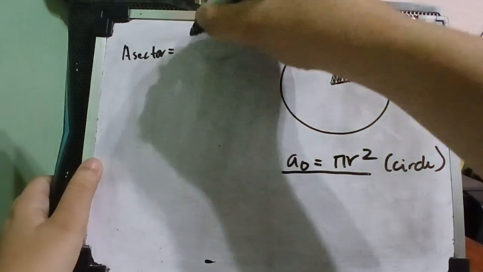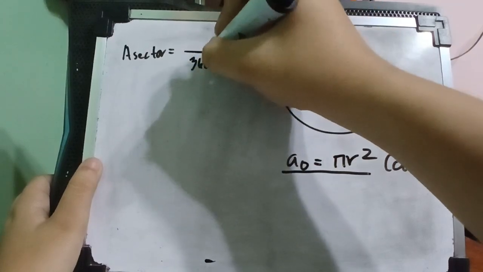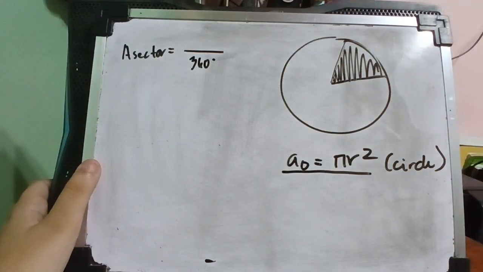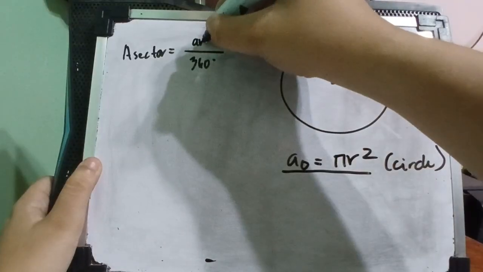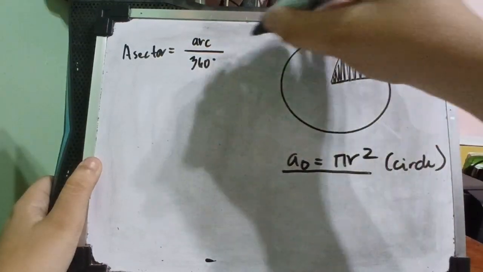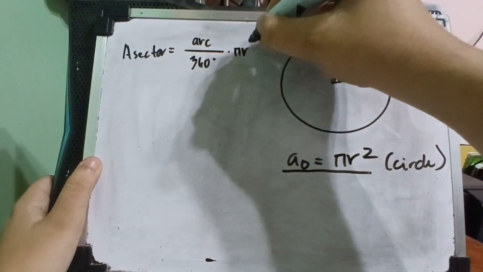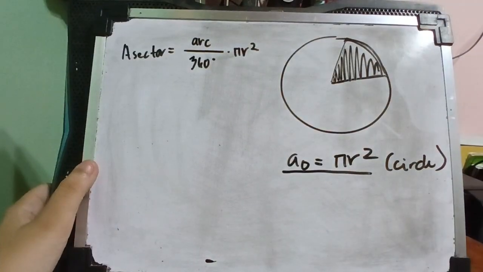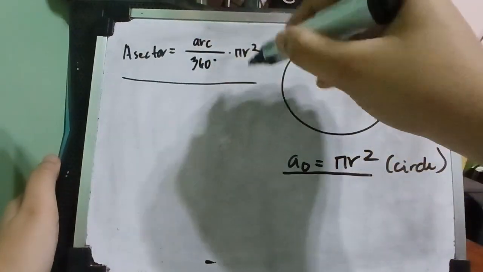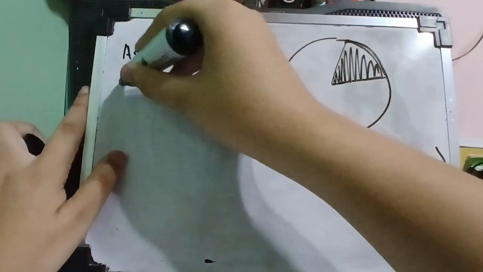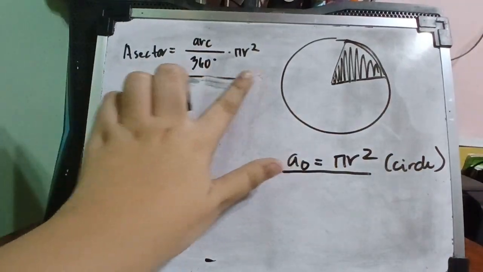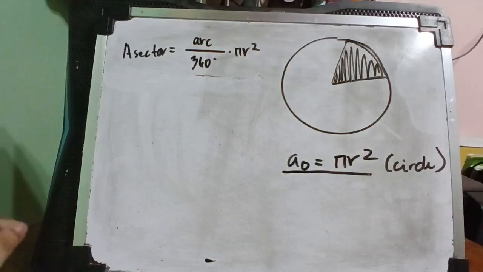So, it is basically arc over 360, tapos dito sa taas naman is yung arc, yung intercepted arc natin, multiplied by the area of the circle. So, that is area of our sector: arc over 360 multiplied by the area of the circle. So, yun siya.